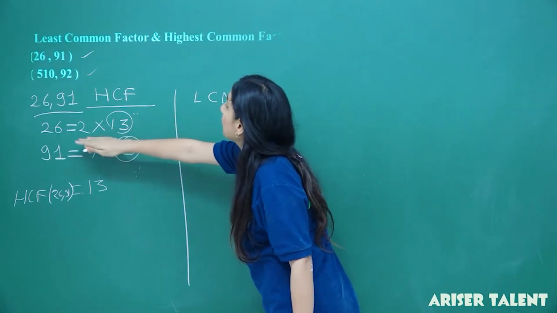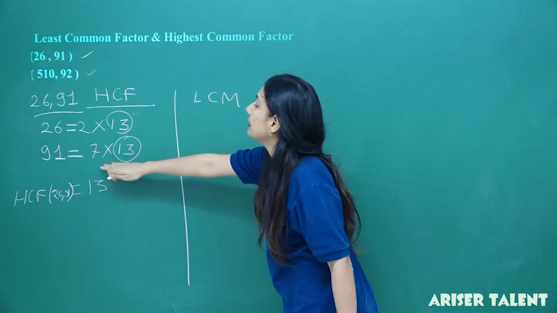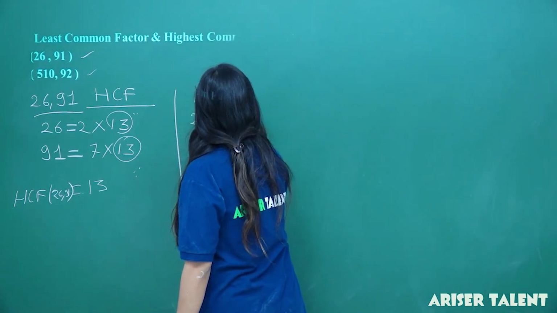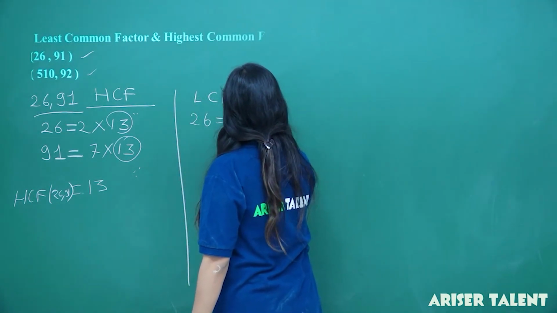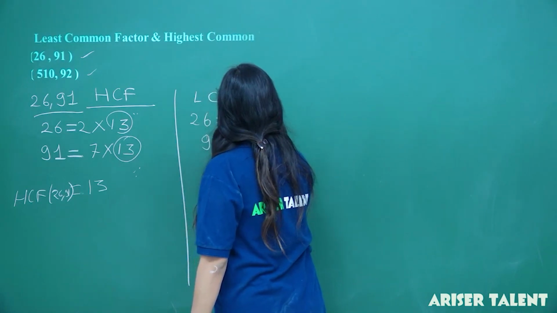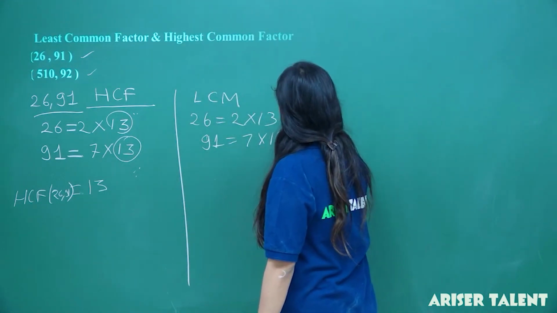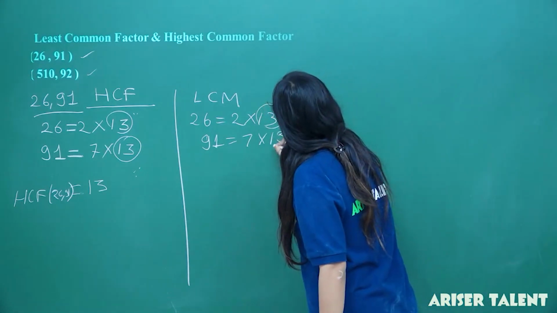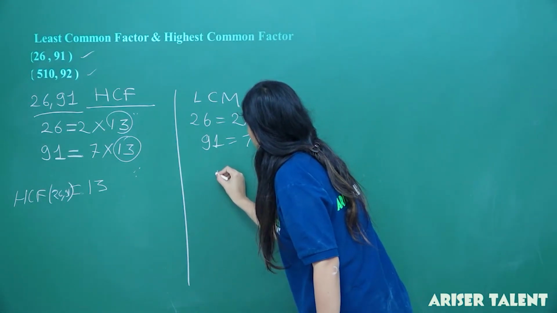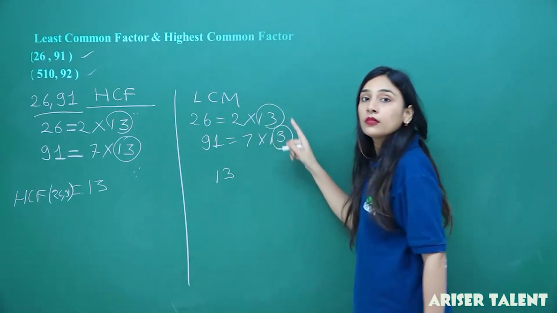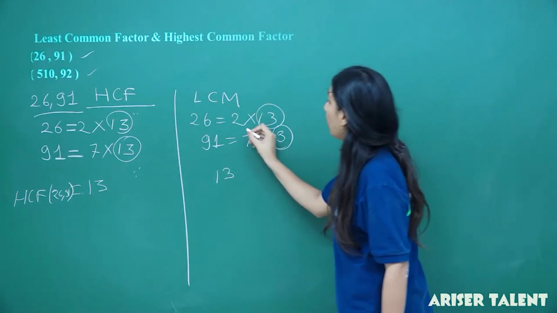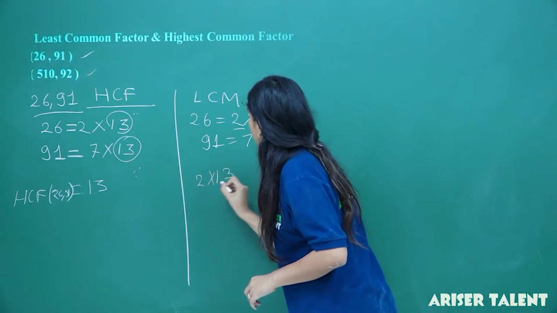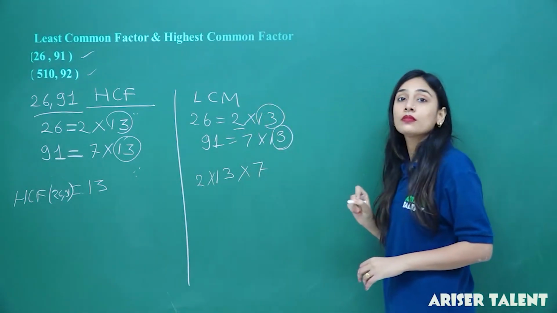Now, LCM. The prime factorizations are again 2 and 13, and 7 and 13. Now, we have 13 common. So, first we will write the common one here. 13 is common. Okay. Now, what is left? 2 is left. 7 is left.